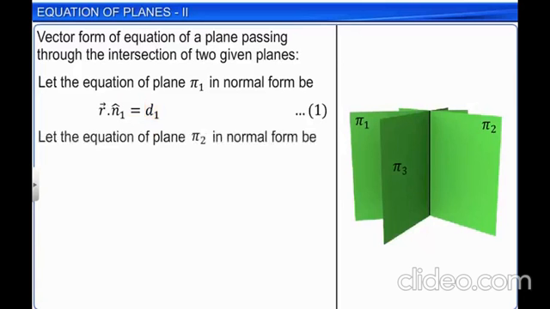Also, let the normal form of the equation of plane pi2 be given by equation 2. Let A be any arbitrary point with position vector A on the line of intersection of planes pi1 and pi2.